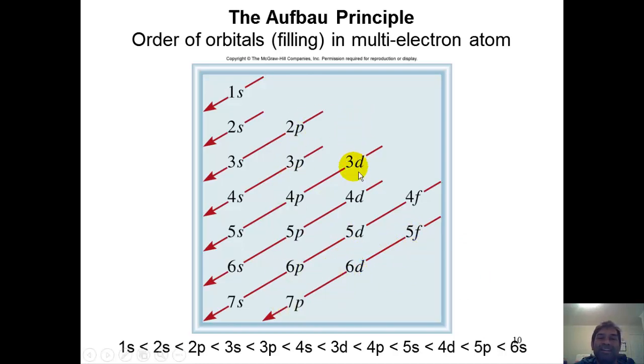Notice the d is n-1. After 4s, it's n-1, so 3d. And then the f block is n-2. So after the electrons fill the 6s, they go n-2 to the f block. That is the lanthanides, below in your periodic table. That's where we have our detour.